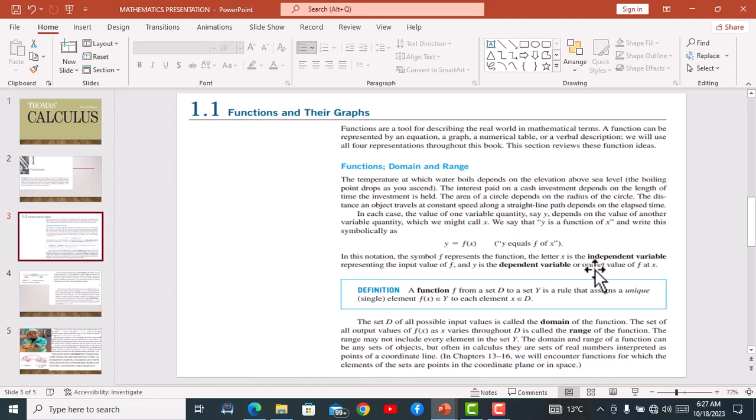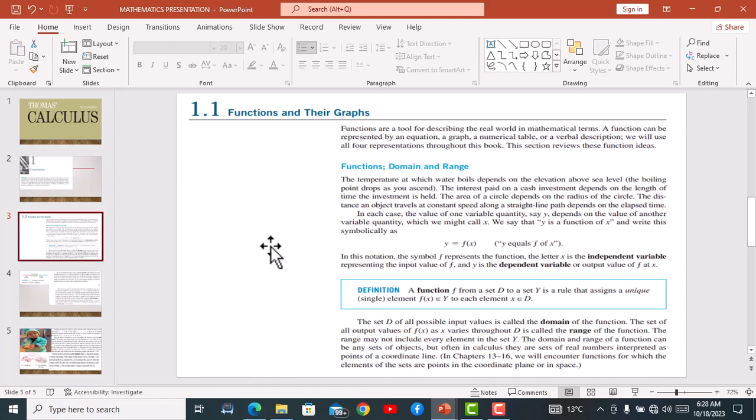An independent variable is a variable that another variable depends on. In this case, x is independent, therefore y depends on what the value of x is. If the value of x is 2, the value of y will be something, and if the value of x is minus 1, then the value of y will be something else.